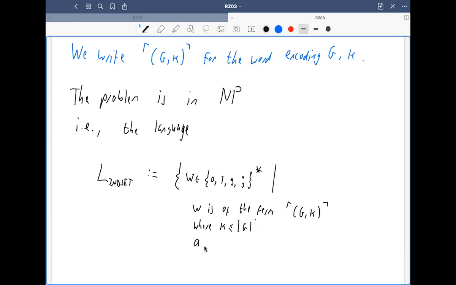So we encode it as the set of all input words that satisfy the question. So this language, this set of words, belongs to NP.